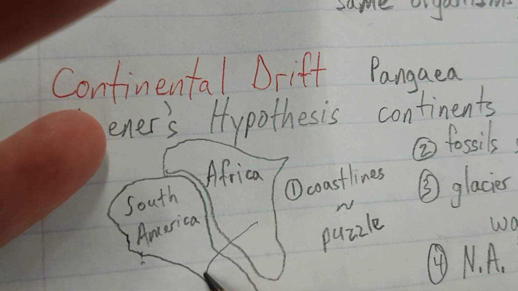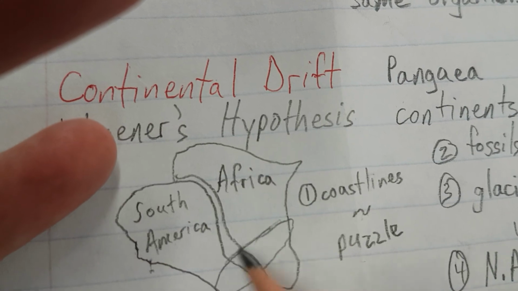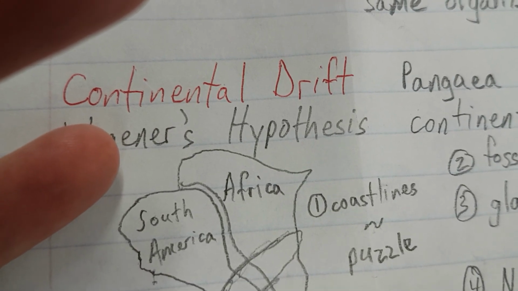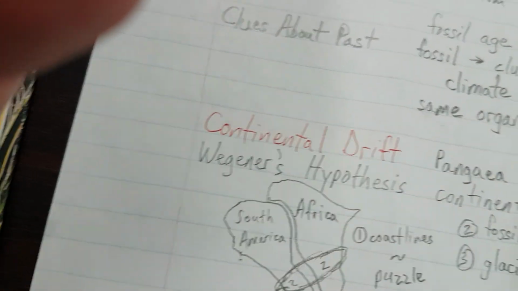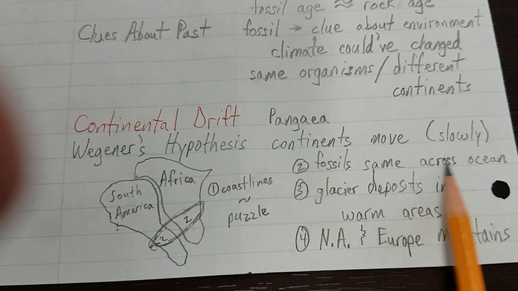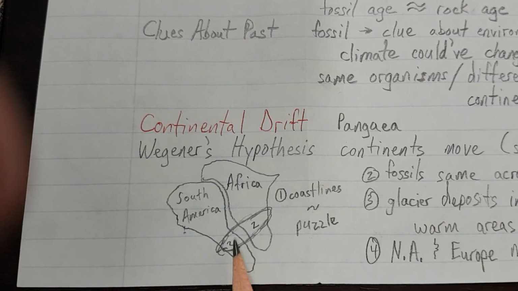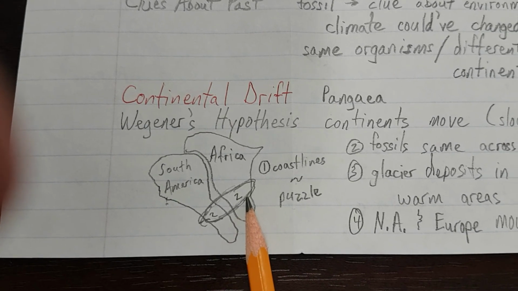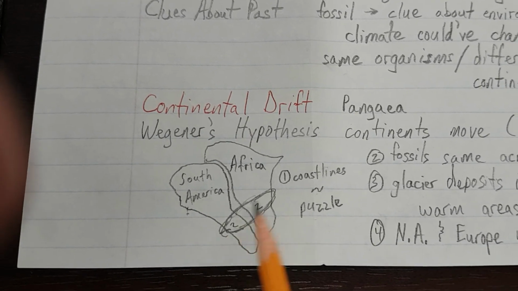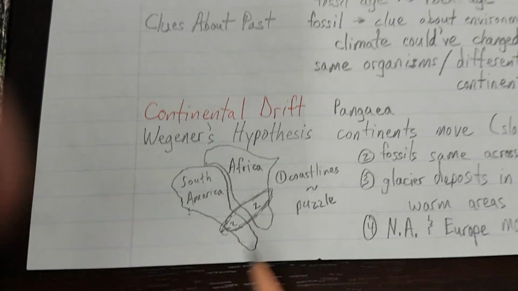Let's draw like a little band across South America and across Africa, and put number 2 here, and put number 2 here, so that it goes with number 2, fossils same across ocean. So the same fossils in South America were also being found in Africa, leading us to believe that those pieces or those land masses were closer to each other in ancient history.